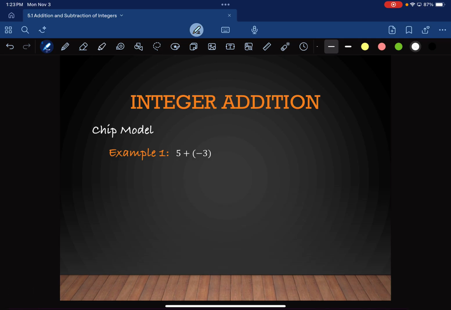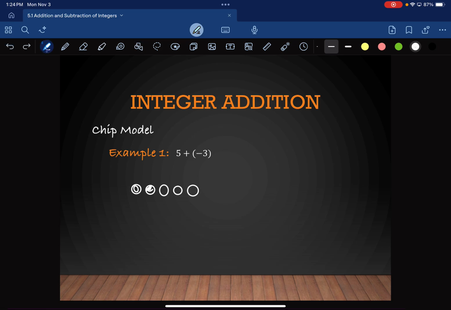And so what the chip model does is it creates chips. A hollow chip represents a negative number. A filled-in chip represents a positive number. They do that backwards of what other resources do as well.